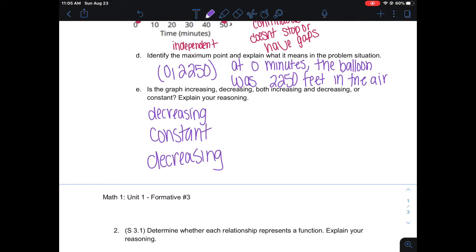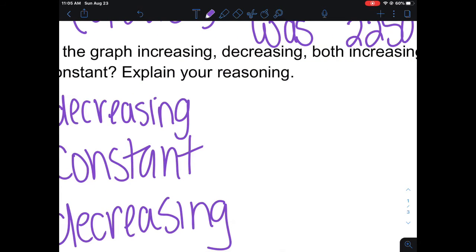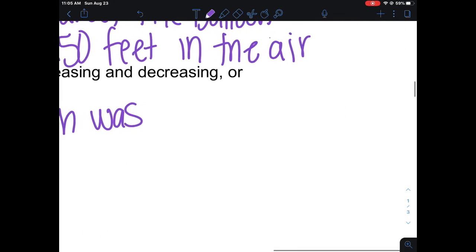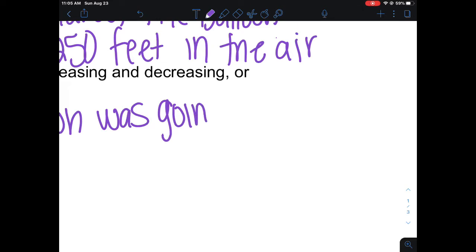All right, so explain your reasoning. That's where your points are coming from, is explaining your reasoning. So we were decreasing height, or we could say the balloon was going down.